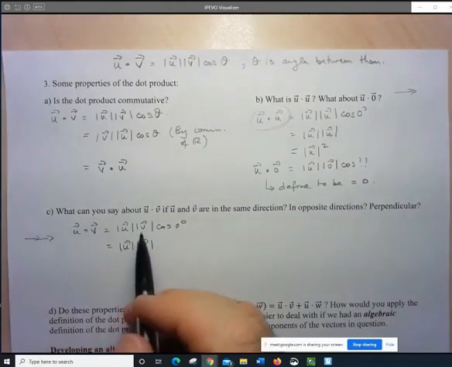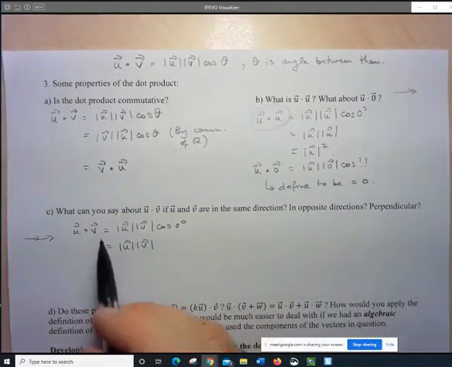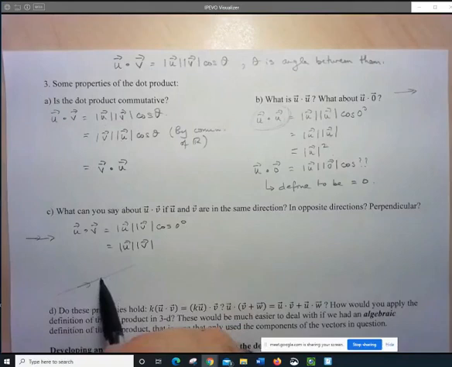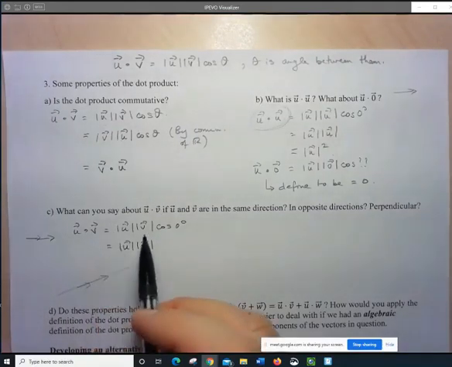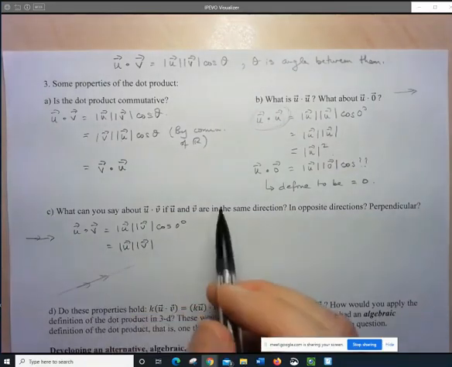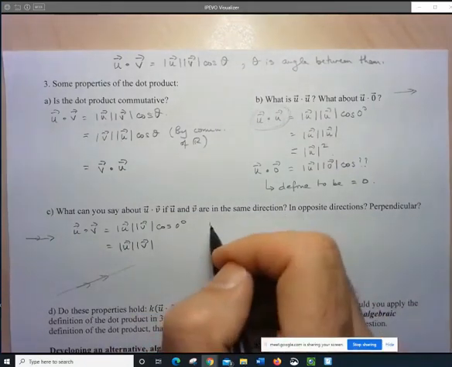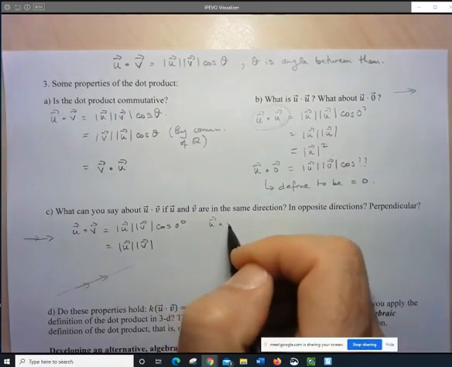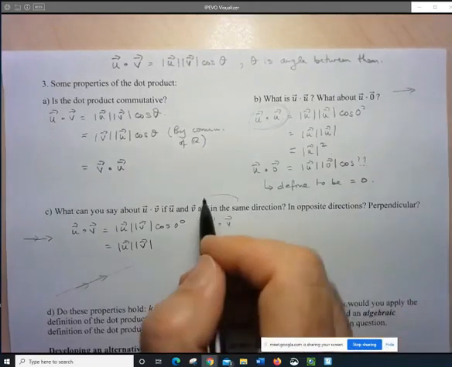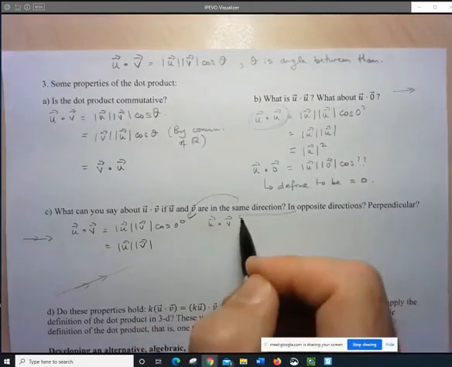This is not so surprising because essentially, if they're in the same direction, it means these vectors lie on the same line. Essentially, this becomes a one-dimensional problem, okay? Similarly here, let's do opposite direction.